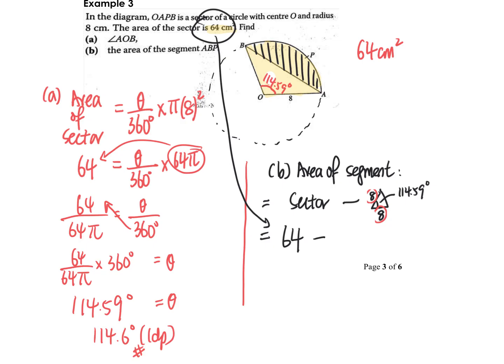Oh, never mind, this is the triangle. Half times the two adjacent sides times sine of the angle 114.59.